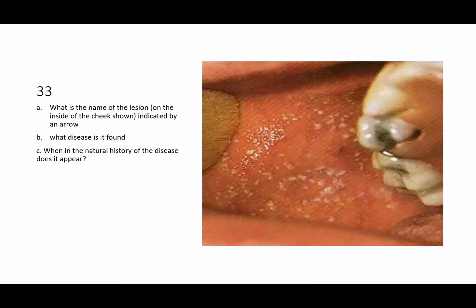What is the name of the lesion on the inside cheek indicated by the arrow? Where is the arrow here? The arrow is not clear.